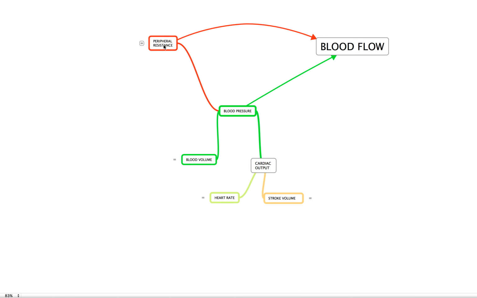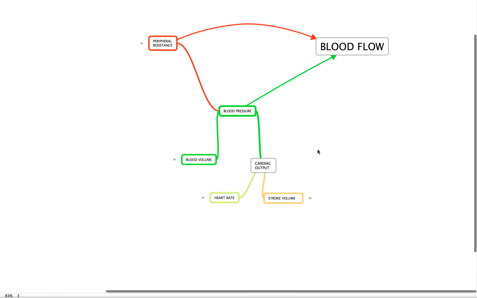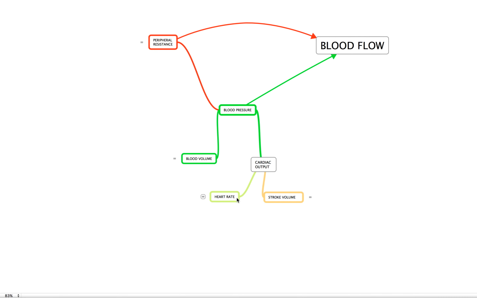And then with what the vessels are doing. And the vessels can increase or decrease resistance and therefore change blood flow patterns. And then what we did last time was concentrate on this part, which is cardiac output. And we said that cardiac output was basically an interaction between stroke volume and heart rate.